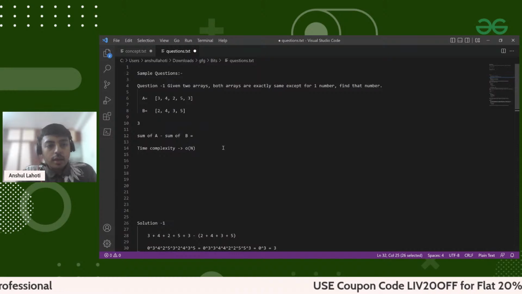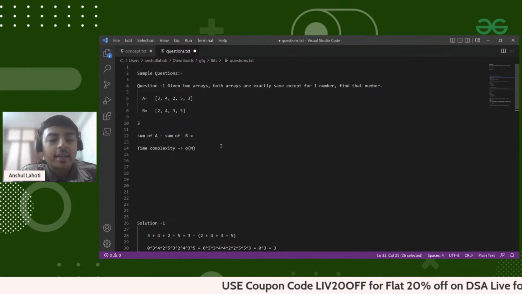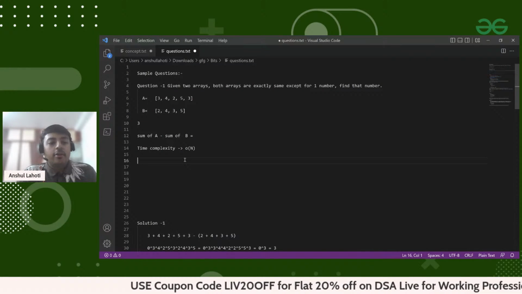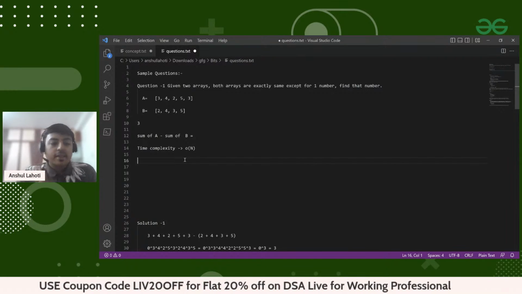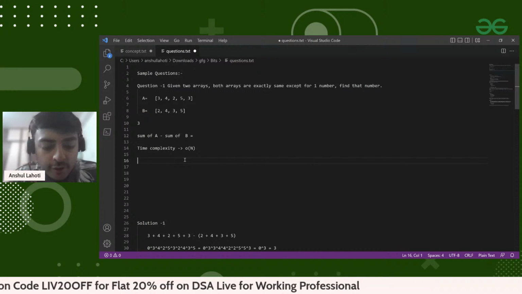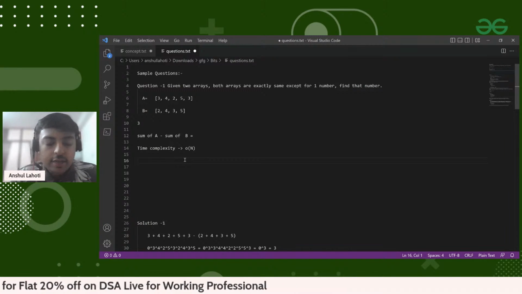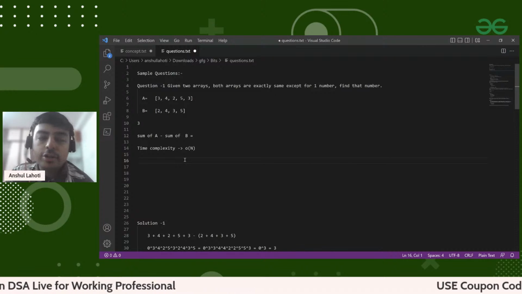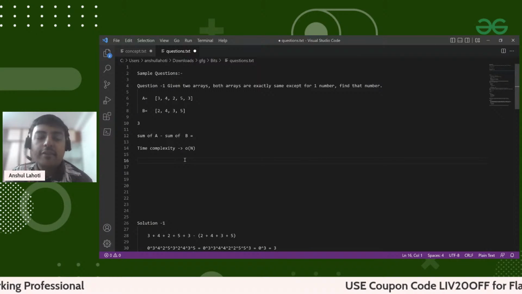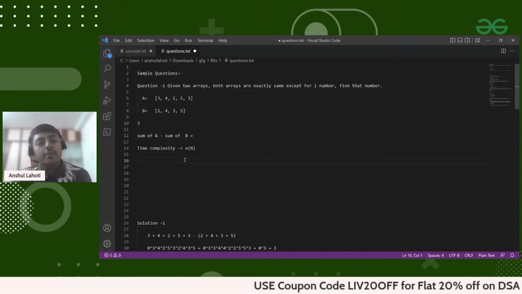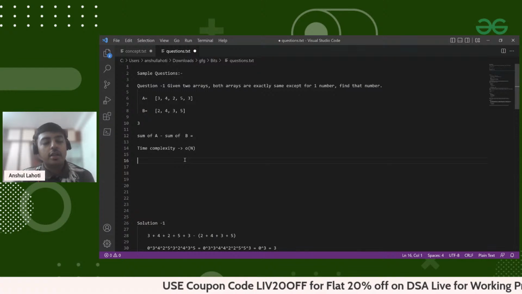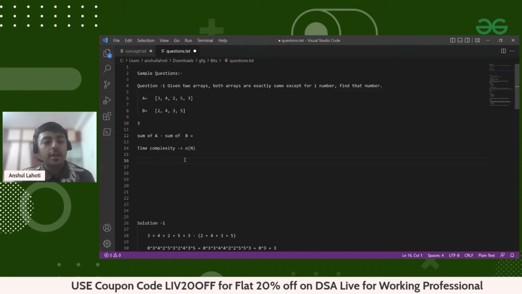Now we can use our bitwise operator. I told you about one operator, the XOR operator. What XOR does is, if the numbers are the same, it returns zero, and if the numbers are different, it returns one.